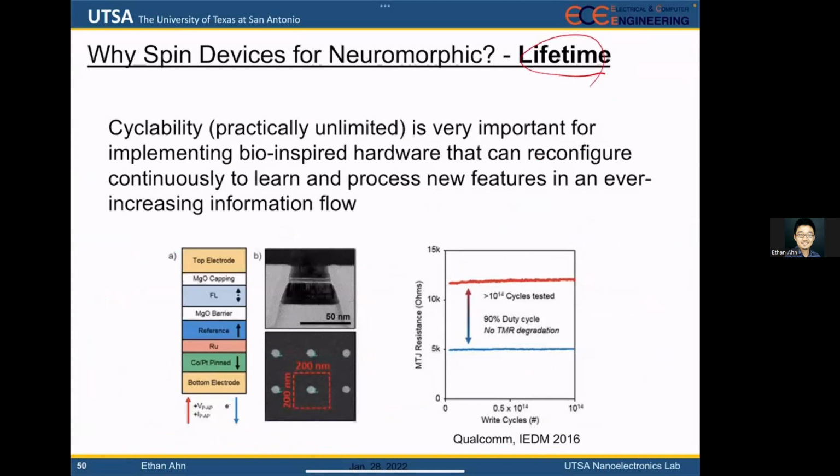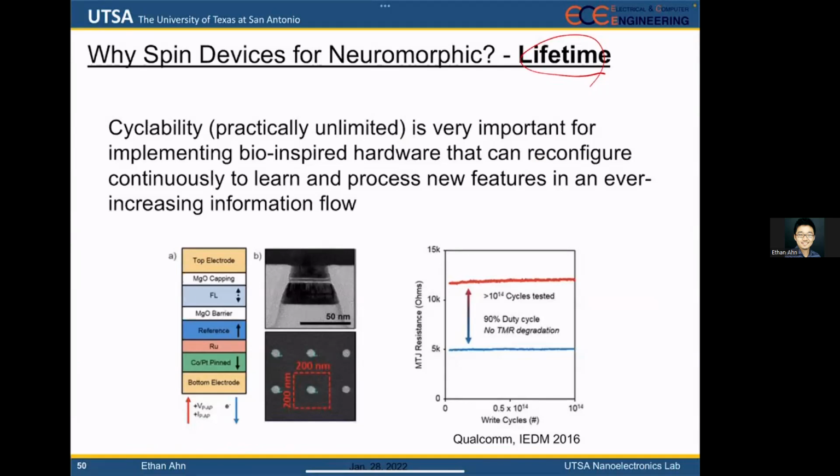Another important aspect is lifetime. We need to program this device and erase this device over and over, until this machine finishes learning. That means we keep programming and erasing over and over, so we need to use these devices for as long as possible.